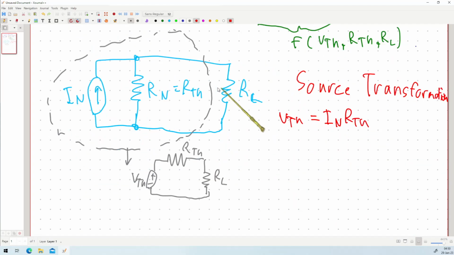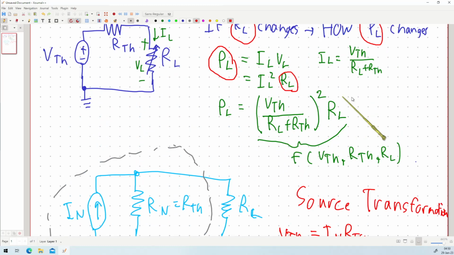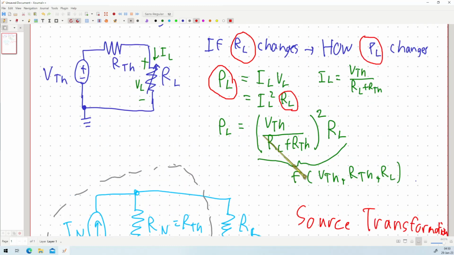And we can do source transformation of Norton's equivalent circuit back to Thevenin's equivalent circuit, and then do all the same optimizations. We have two parameters, VTH and RTH, that we would like to find the answers for, and another two variables, RL and PL.